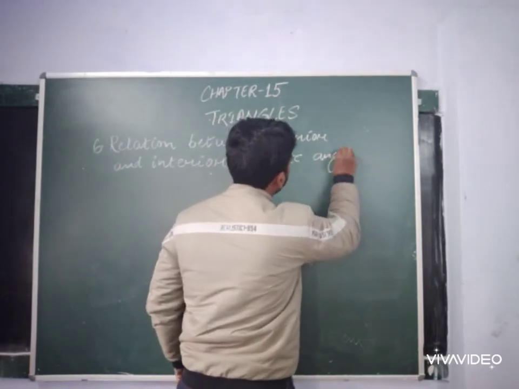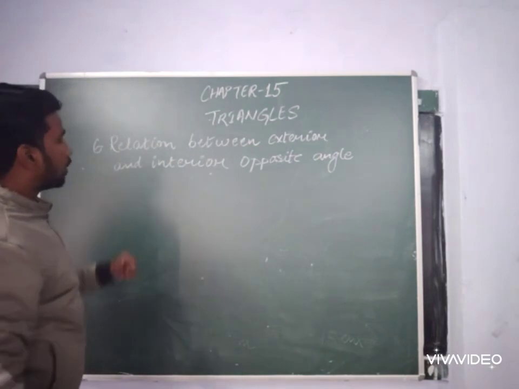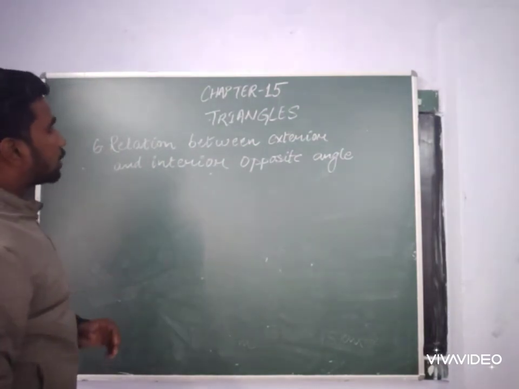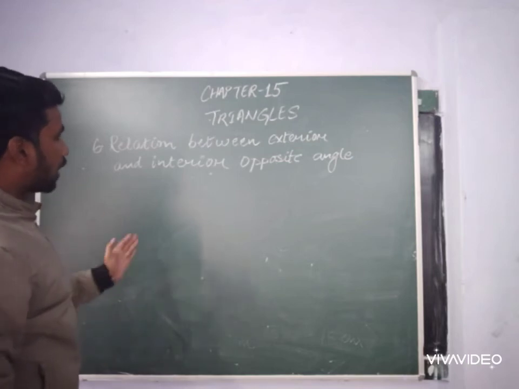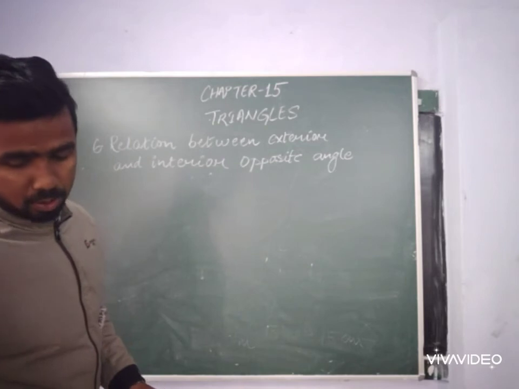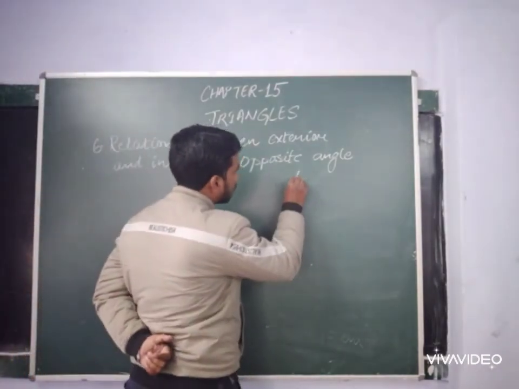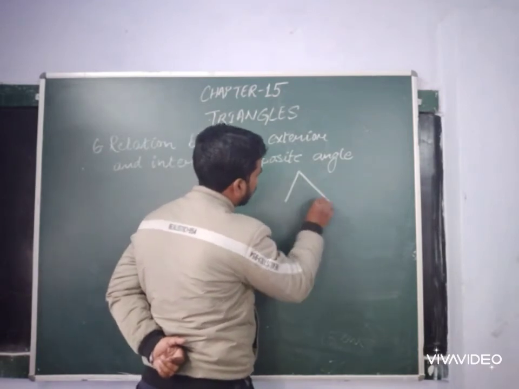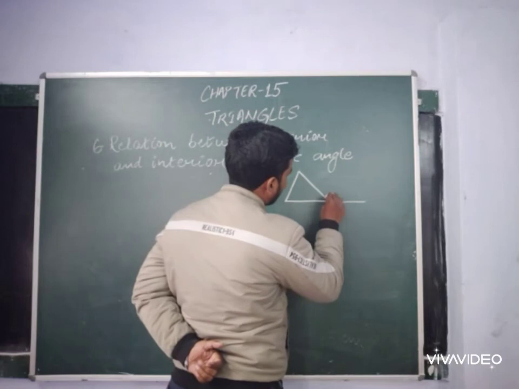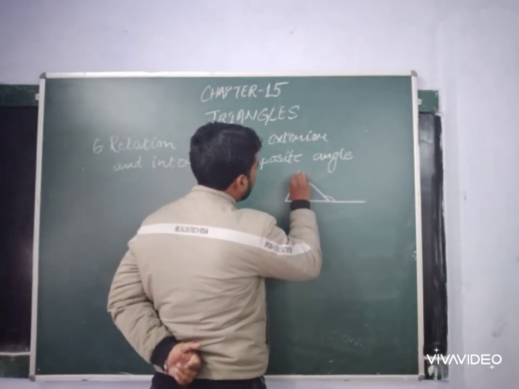Let us understand what actually is the meaning of this, that you have to find the relation between the exterior and the interior opposite angle. Clear? As we know what an exterior angle is, suppose this is your triangle again, and if we are extending this line, here one angle is forming.